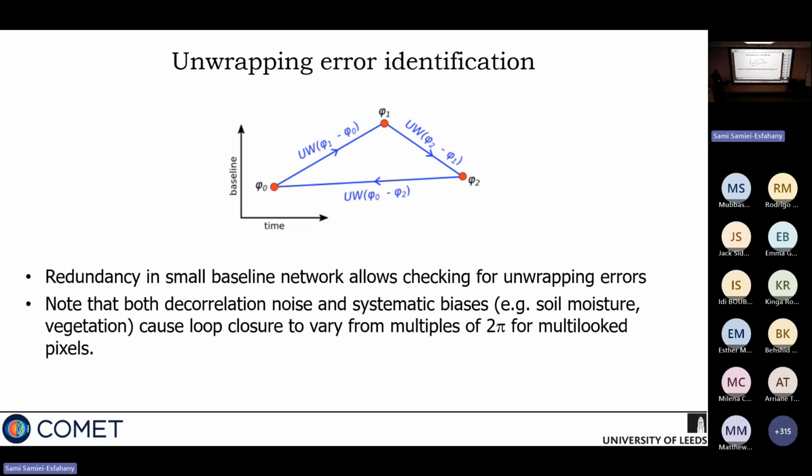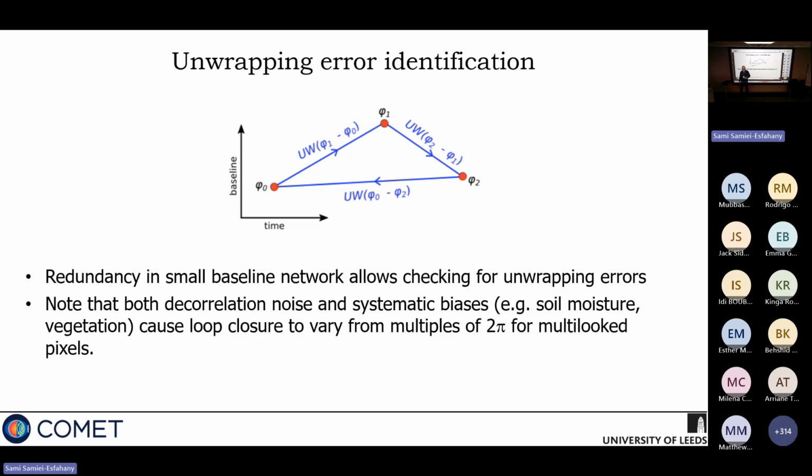Okay, getting back to the approach. One of the nice things about using a small baseline approach is you have some redundancy. So you end up with this network. It's a kind of minimal case. If you have 3 acquisitions, you make 3 interferograms. But in principle, you only need 2. If you want to know what the deformation is with respect to that, you do 1 plus 2.